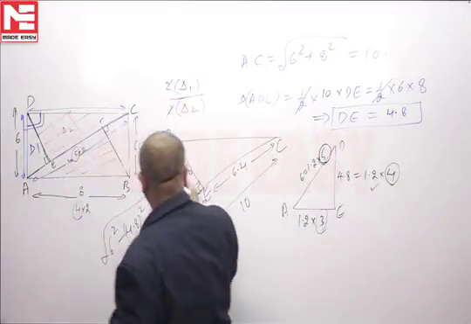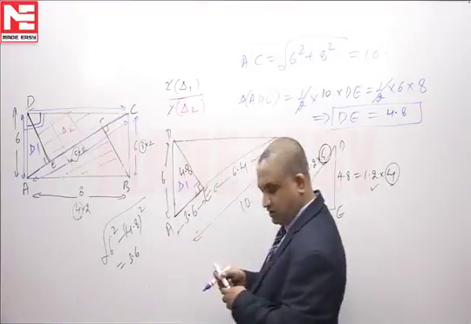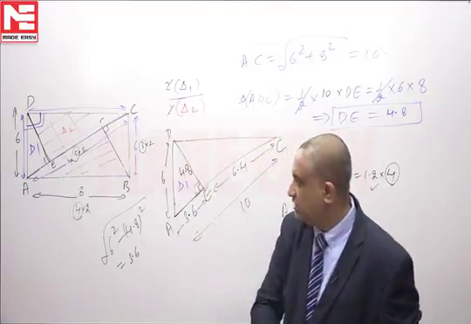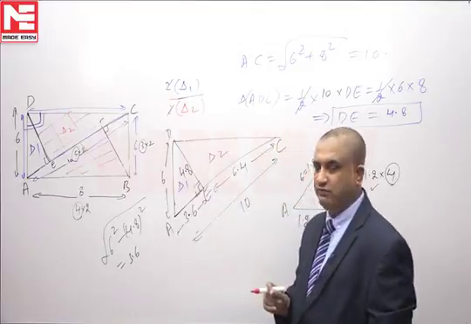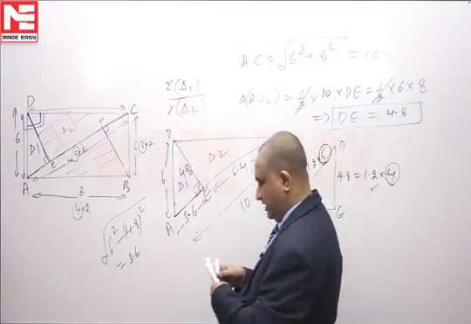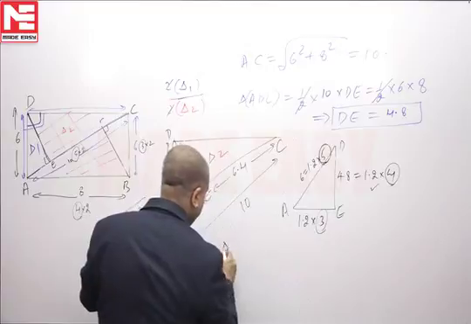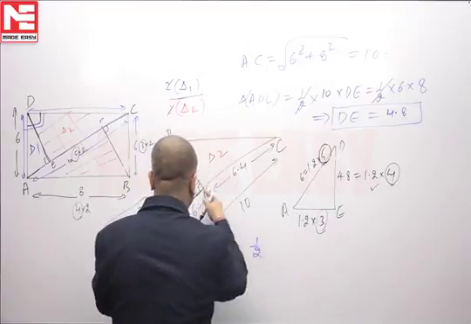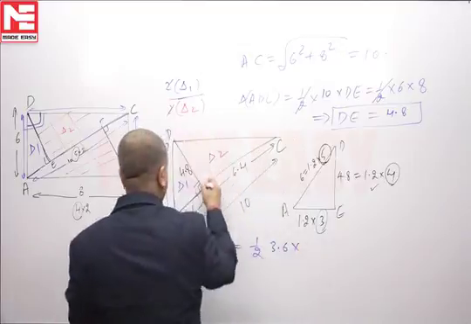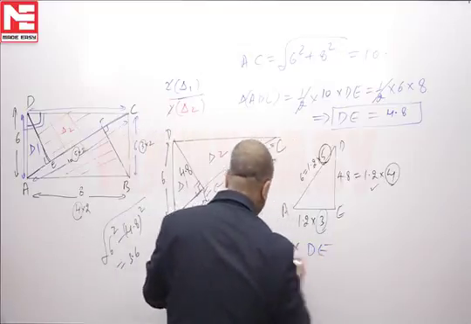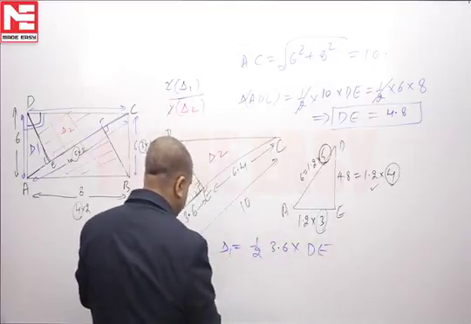We need to evaluate delta 1, the unshaded region, and the red region is delta 2. So we are through with the question, because the area of delta 1 is half base, its base is going to be 3.6, into height, which I can say is DE.